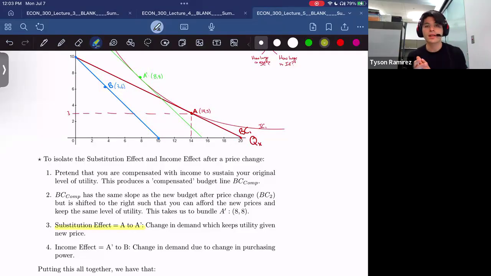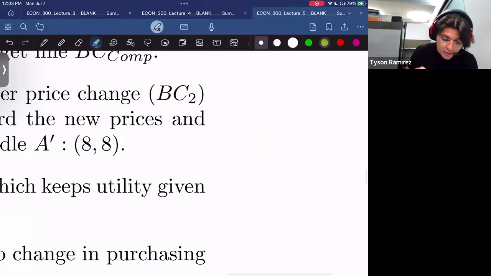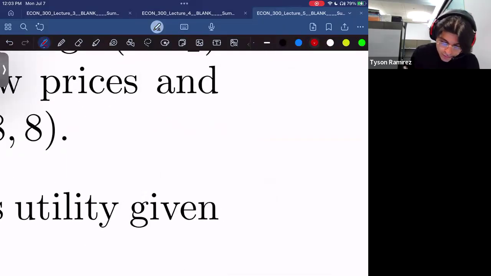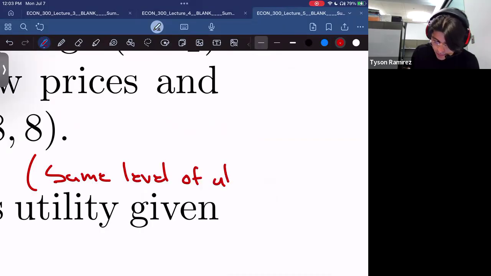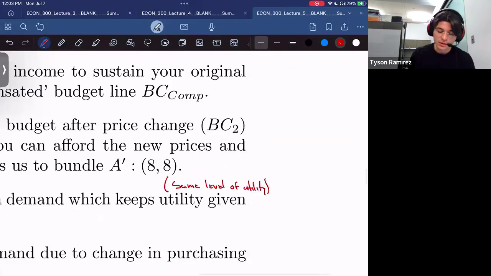It's the change in demand which keeps utility at the same level of utility given the price change.